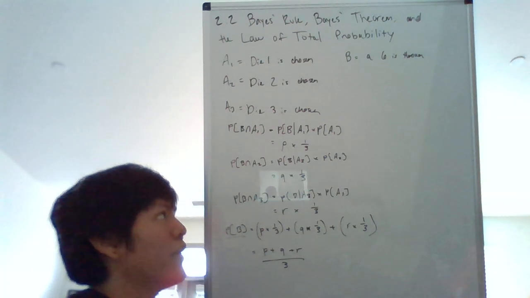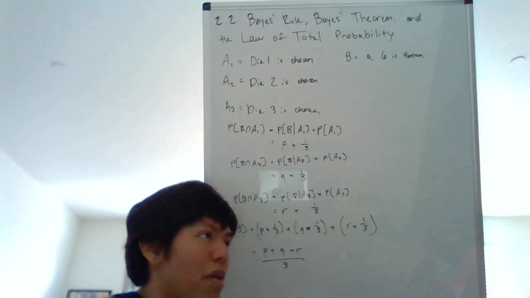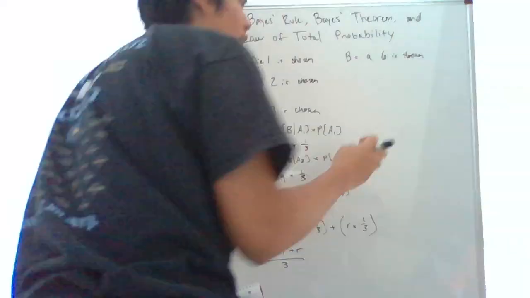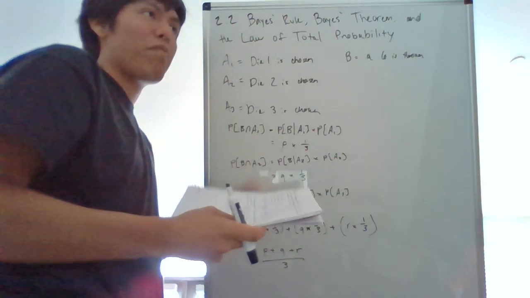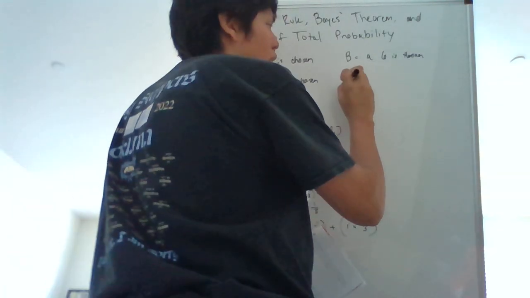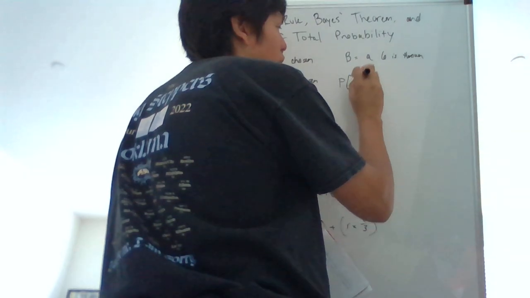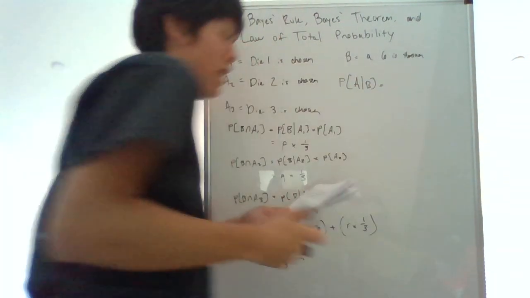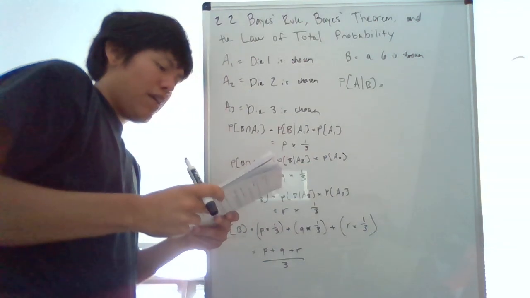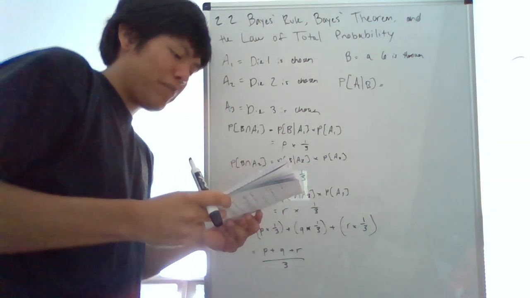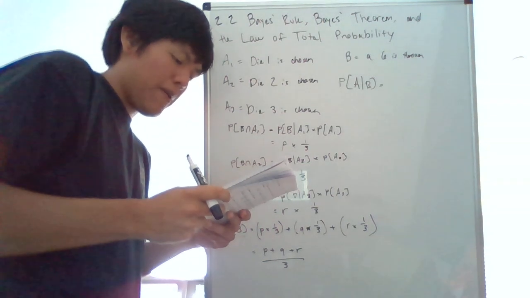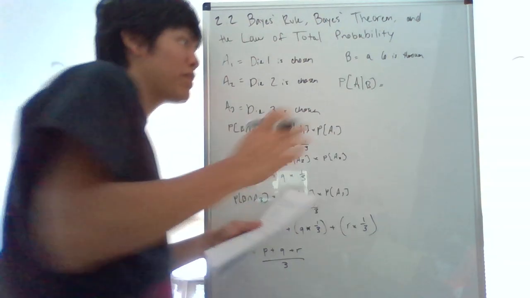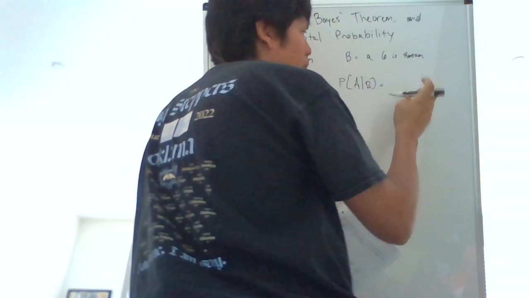Now the last step would be to find the probability of A given B. In the extended form of Bayes' theorem, it would be the probability of A sub 1 given B. Let me keep writing this out.